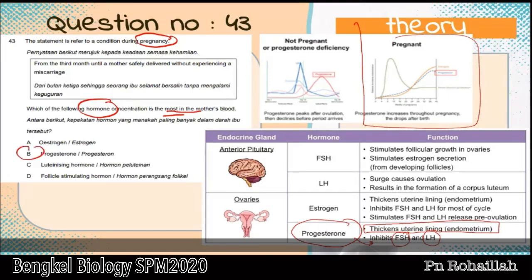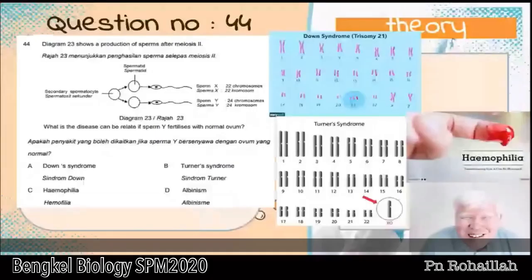Next, 44. Diagram 23 shows a production of sperm after meiosis 2. Which disease can be related if a sperm fertilizes a normal ovum? So we look at the sperm here, the one with 24 chromosomes is not normal.